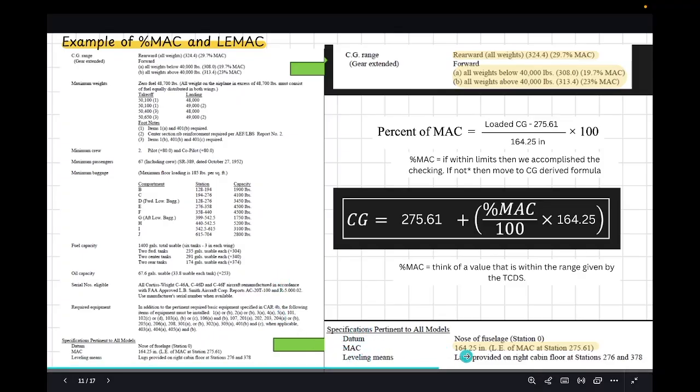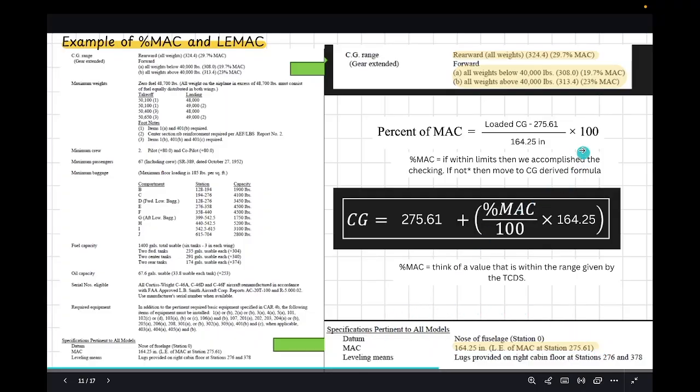The Mach is 164.25 inches. And where is LEMAC? LE of Mach is at station 275.61. Meaning, our LEMAC is 275.61 and our given Mach is 164.25 inches. So we won't have a hard time solving, since everything we need is in the TCDS.